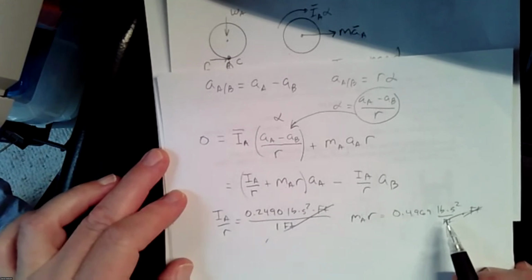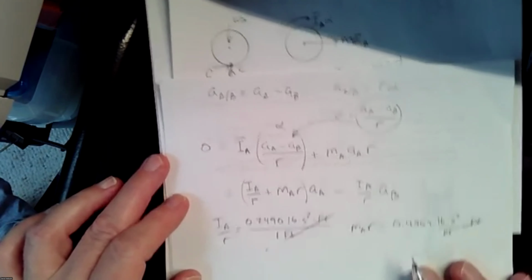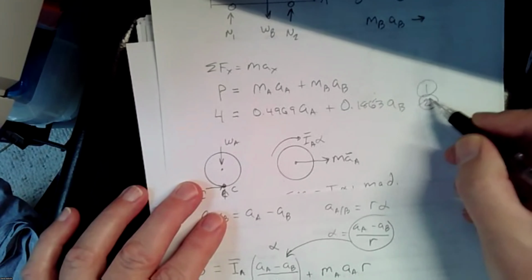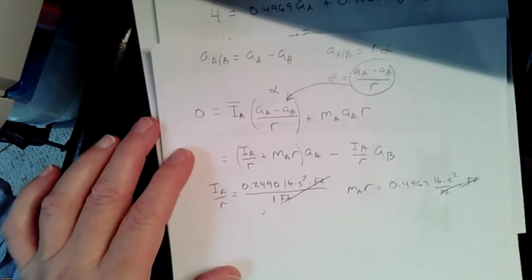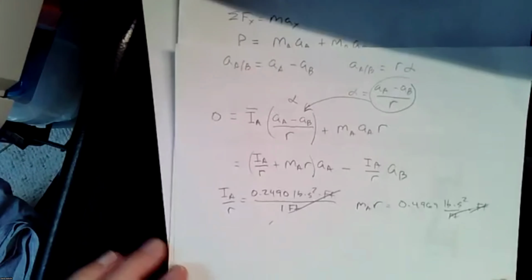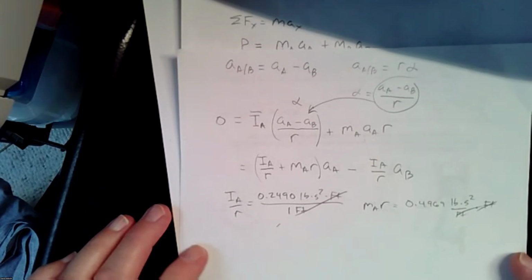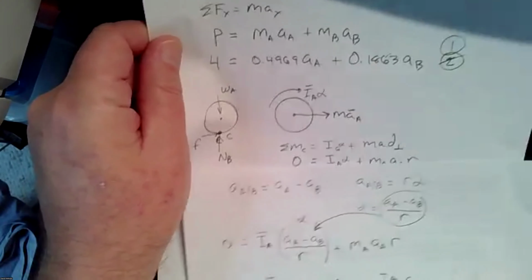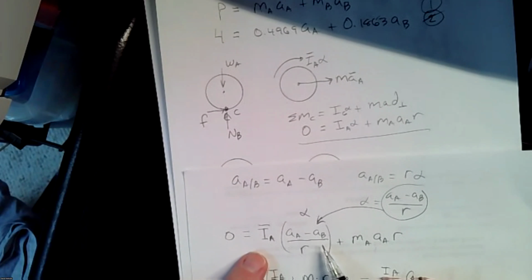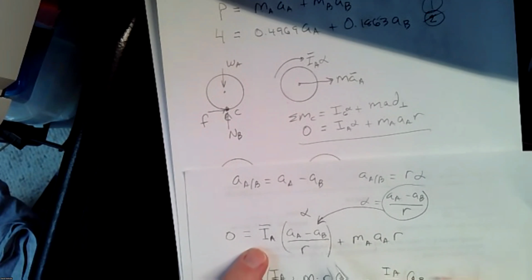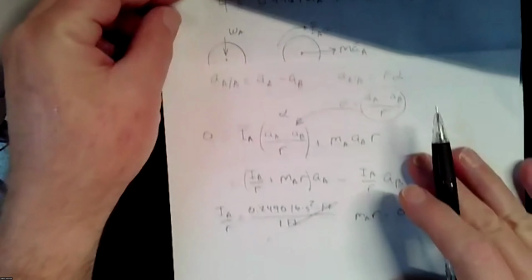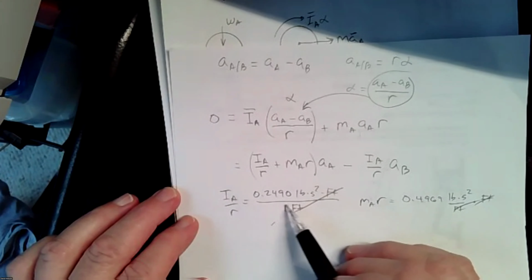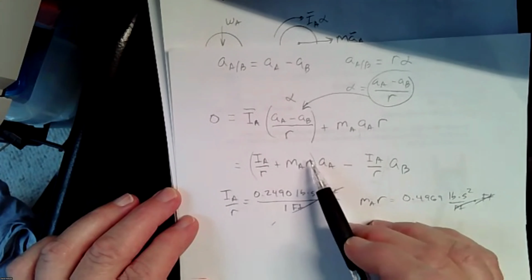Now, I should have probably called this equation 1, but anyway, now what we can do, and again, this is nice that you can rewind, is take our original equation up here, the 0 equals this. And what do we know about that? Well, we've defined I_A over R as this, and we defined MAR as that.